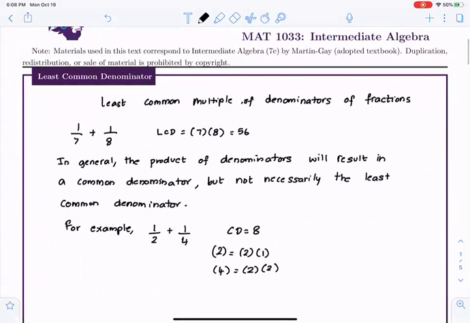So the next one would be 8. So you have 2 times 2 times 2. You can see that 2 is a part of every single term, but 2 times 2 is also in that number. In other words, we have accounted for the least common multiple already. So the least common denominator is 4.